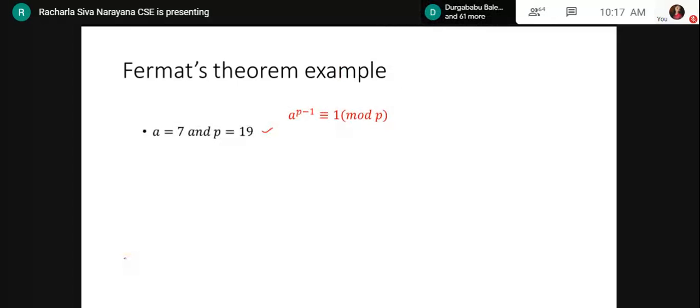You already know how to substitute. A value is 7, P value is 19. So 7 power 19 minus 1 is congruent to 1 mod 19.